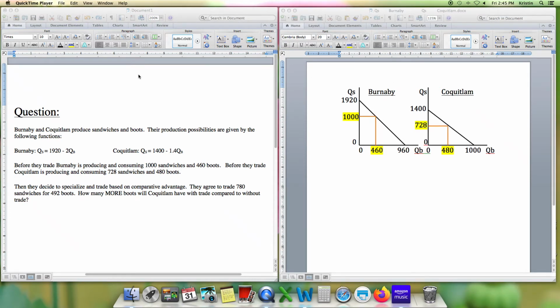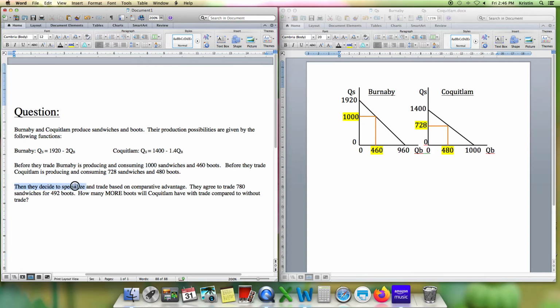What I've done here is I've put these points on the graphs. These are showing the points on the production possibility curves where the two cities are before they trade. These are the points that they are producing and also what they're consuming. Now for trading, what we have to do first is figure out who's going to do what.